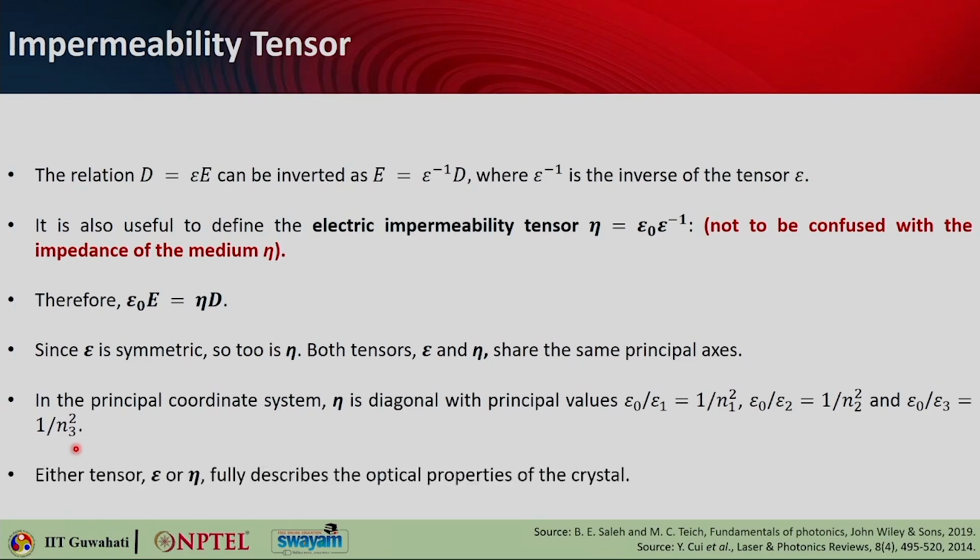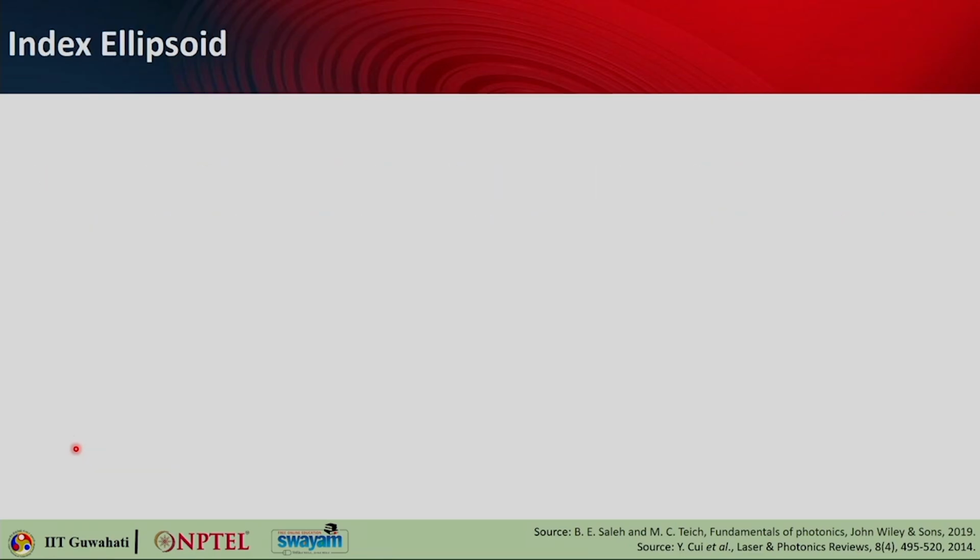Okay. So, either this tensor permittivity or impermeability, they can fully describe the optical properties of the crystal. So, you can use any one of them.